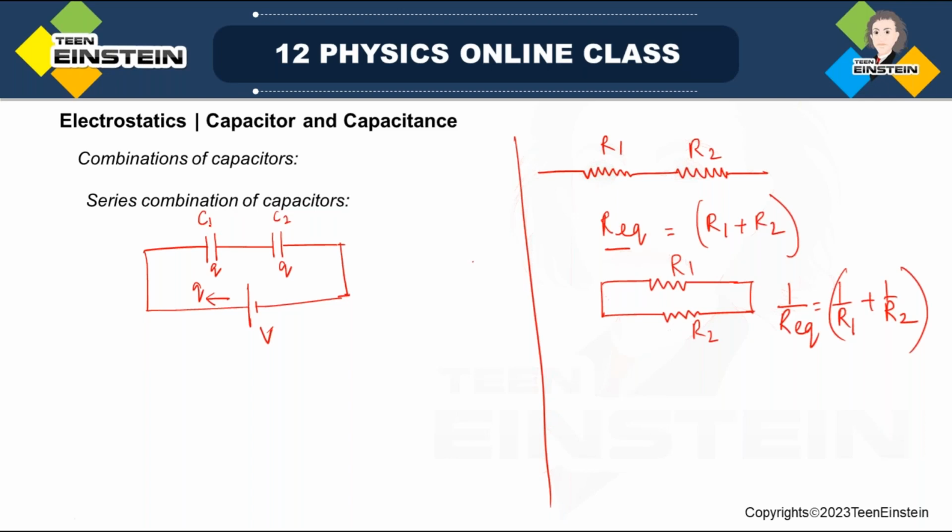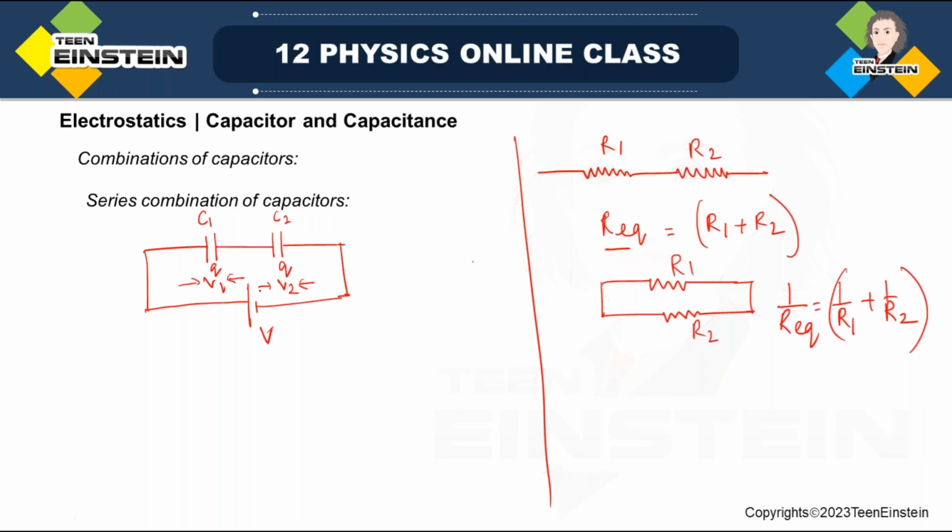So C1 will store an amount of charge Q, and the same amount of charge Q will be stored by C2 also. But what is the difference? The difference is in the potential dropped across C1, say it is V1, and across C2 it is V2.